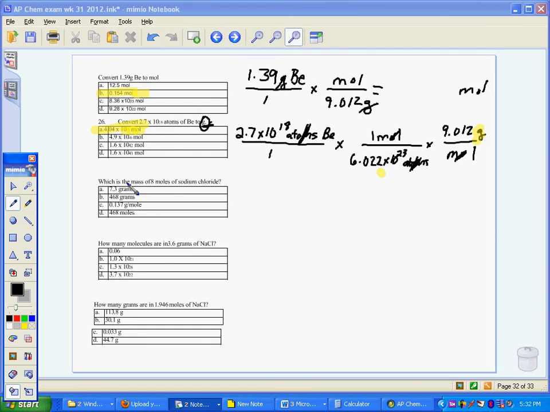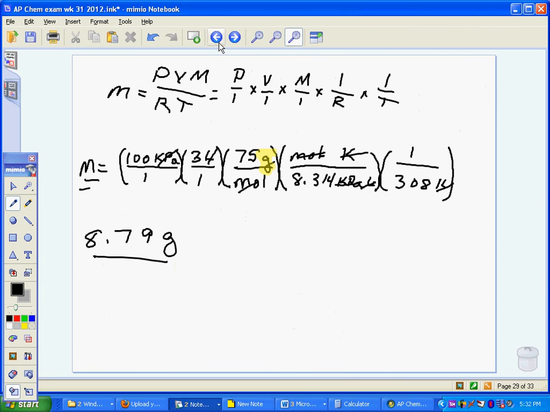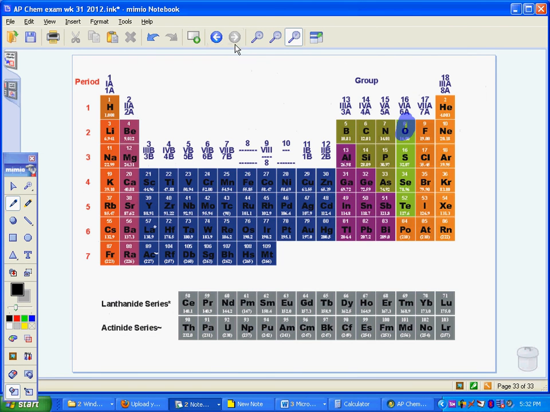Okay, here, what is the mass of 8 moles of sodium chloride? We've got to step it up just a little bit because now we've got to know what the formula mass of sodium chloride is. Sodium, from my periodic table, is 22.99, 23.